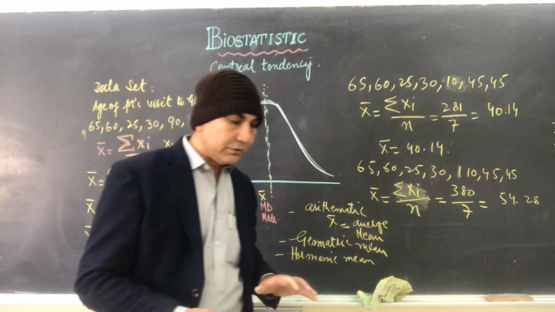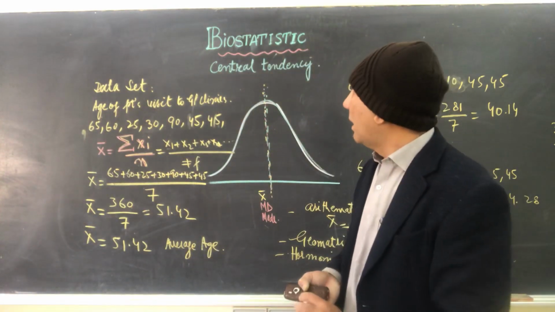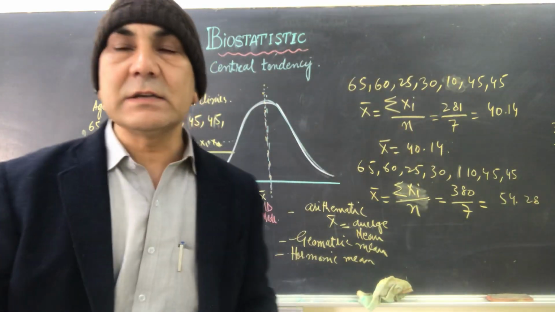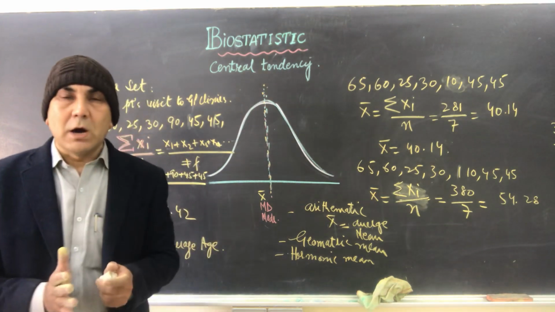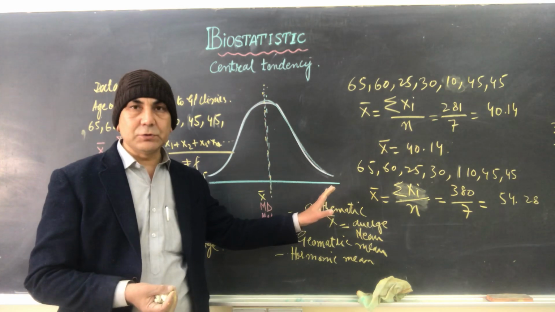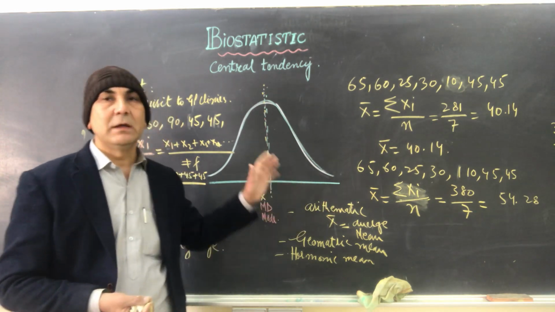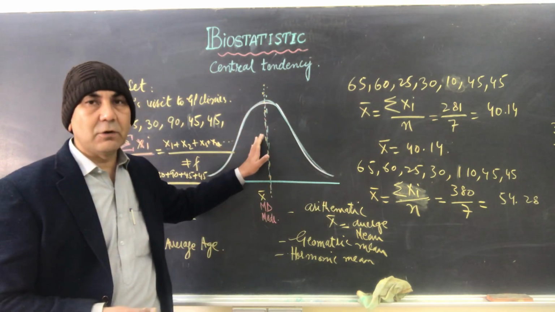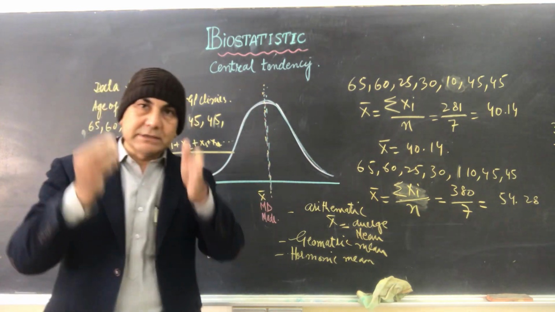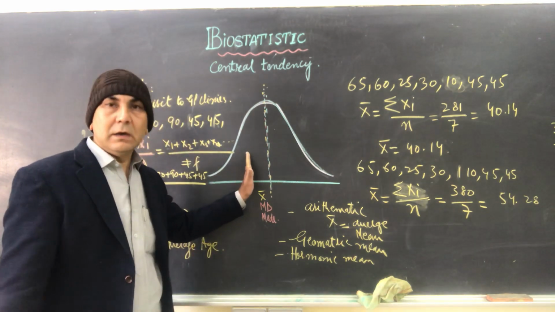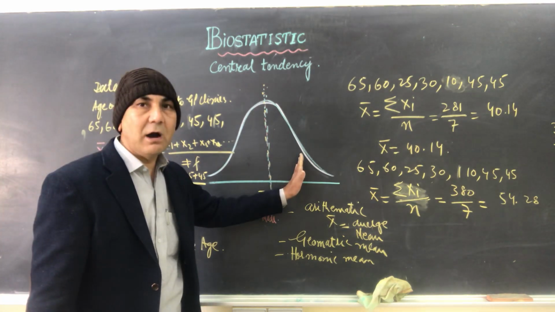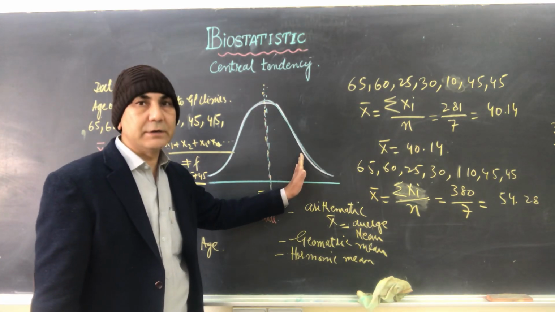So today we just learned about the central tendency. What is the central tendency? Central tendency is the central part of the data. If the data is normally distributed, it gives the bell shape, and in the bell shape of a normally distributed data set, the mean, mode, median always lie in the center. Half of the bell shape gives the mirror image of the other half, the right side of the data set.